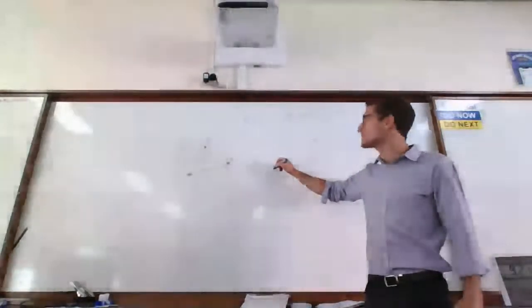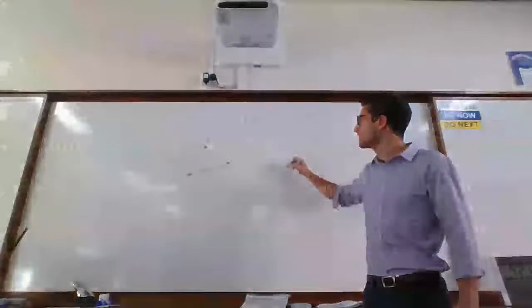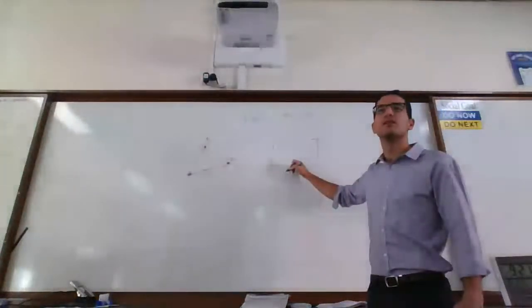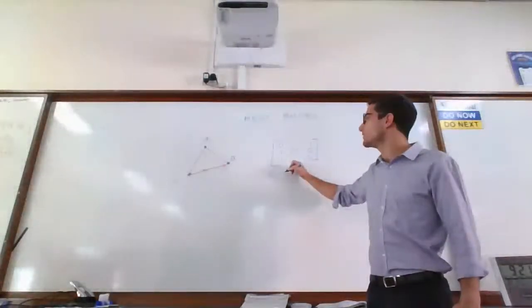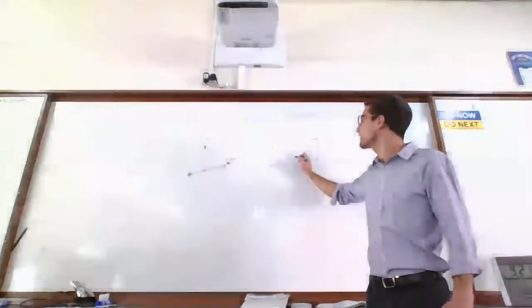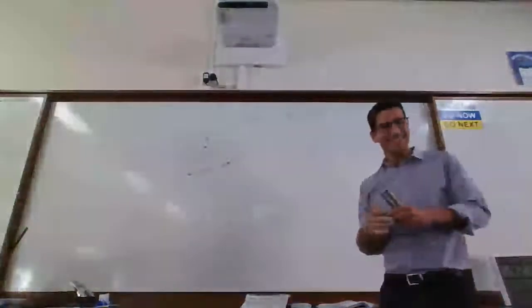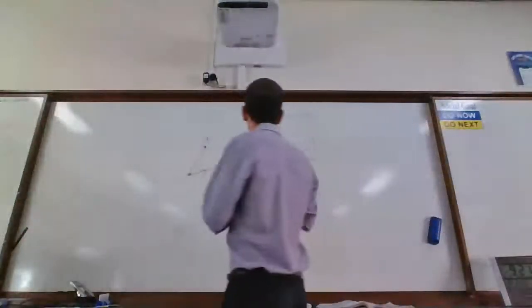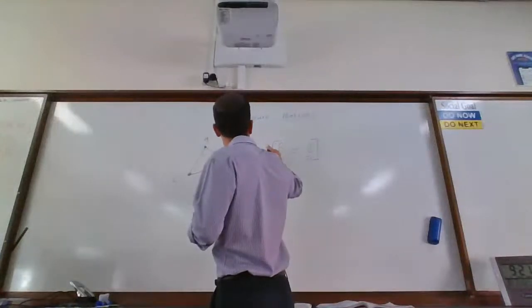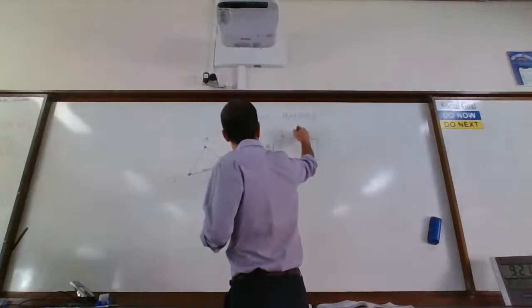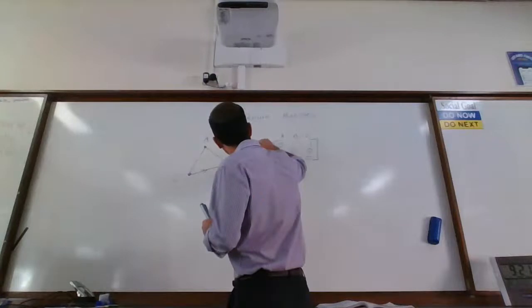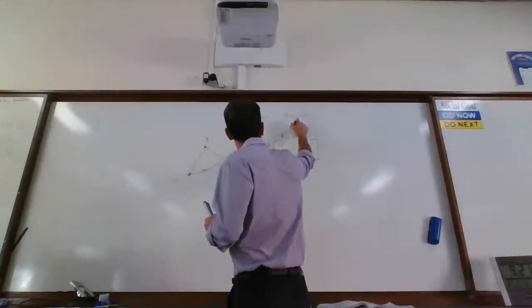C to A. So what is it? 1. And this represents C to B, so what number goes there? 1. So that's A, B, C across the top and A, B, C down the side. That's from, and that's to.